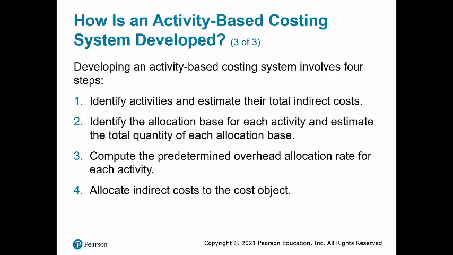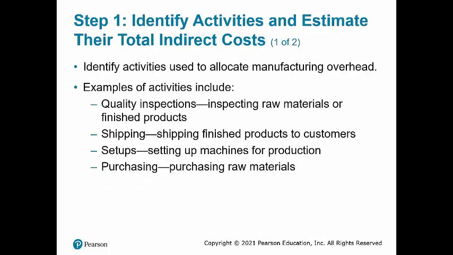Next, identify the allocation base for each activity and estimate the total quantity of each allocation base. Then compute a predetermined overhead allocation rate for each activity, and then allocate the indirect cost to the cost object. In identifying activities and estimating their indirect costs, companies need to analyze all of the activities required for a product or service, and this will force managers to think about how each activity might be improved or whether it's even necessary at all.